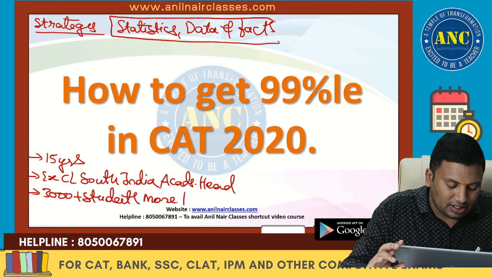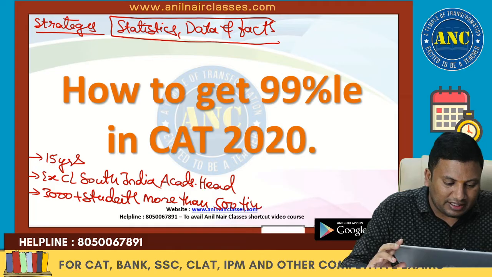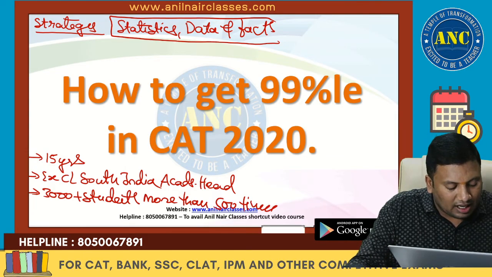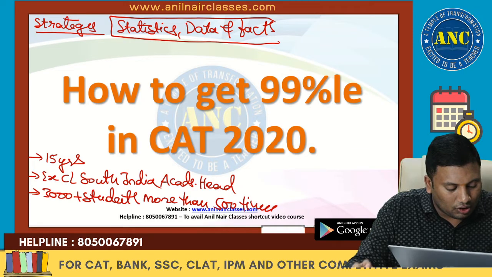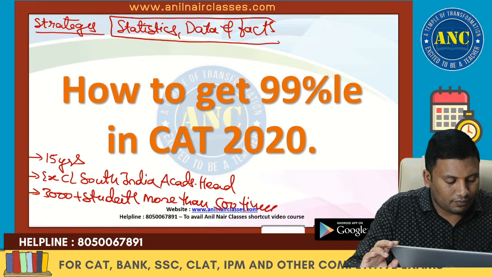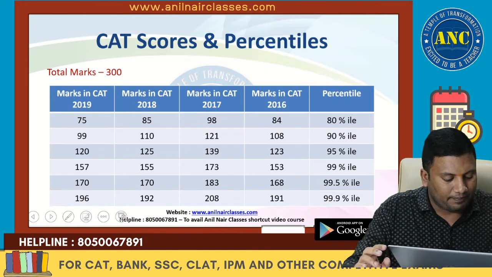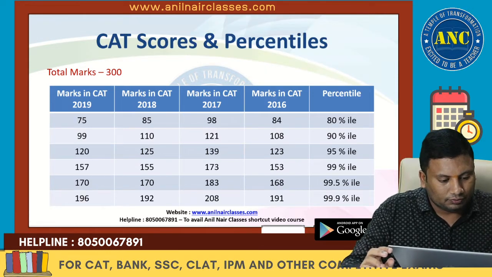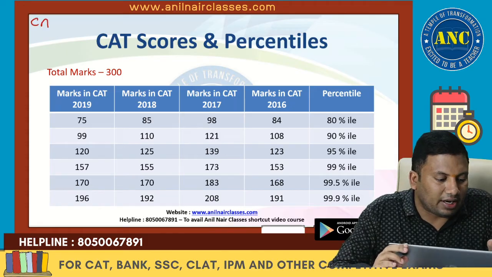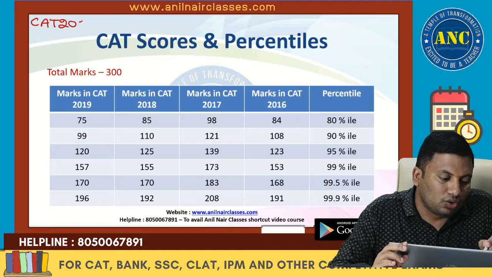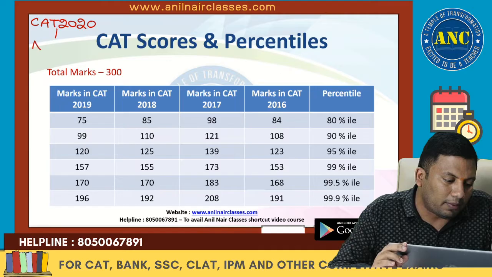Now let us first see the scores versus percentiles, then slowly we will start analyzing it. As you know, CAT 2020 is going to happen on November 29th.